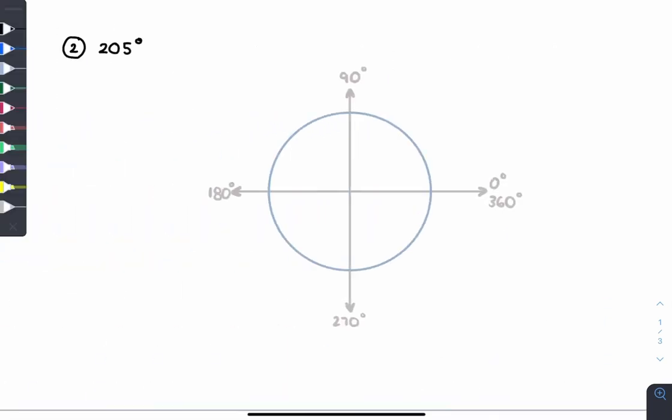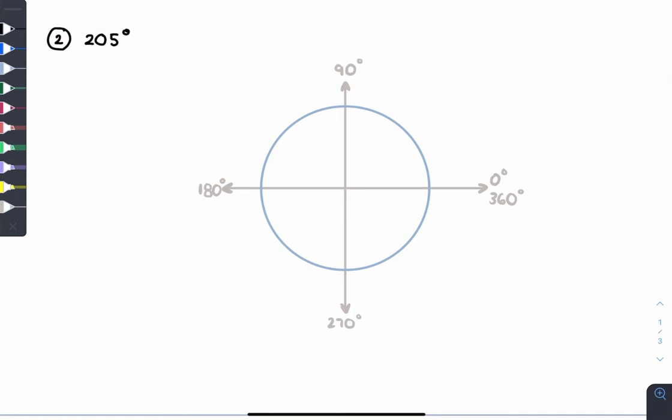For number 2, we want to find the reference triangle for 205 degrees and the associated reference angle. So let's go. Now, thinking of 205 degrees, you could probably tell that it's between 180 and 270.